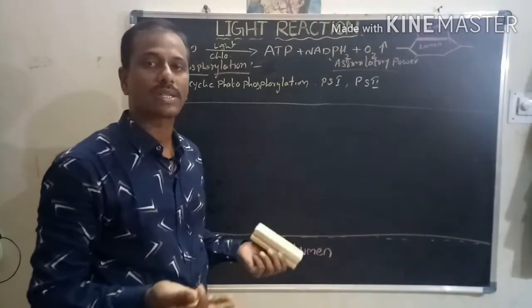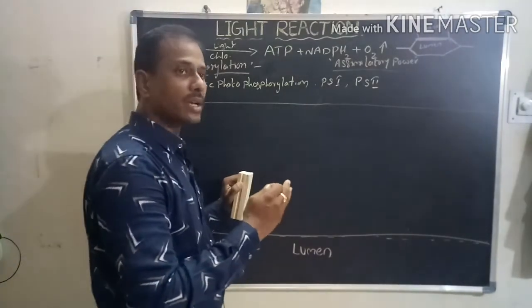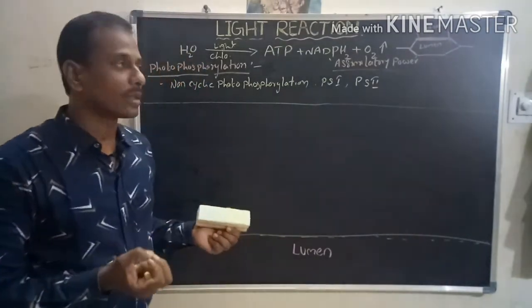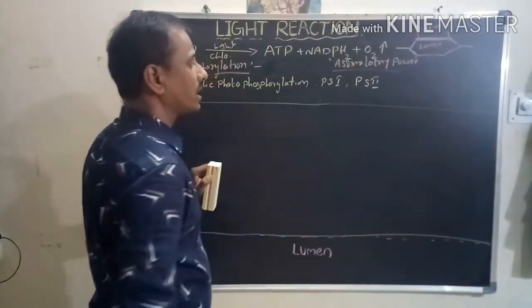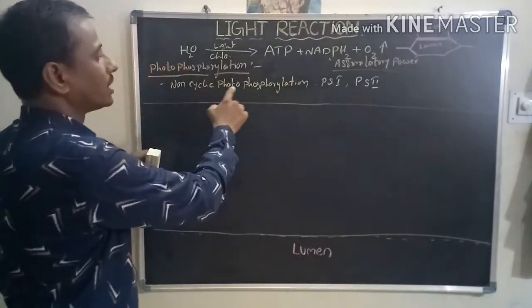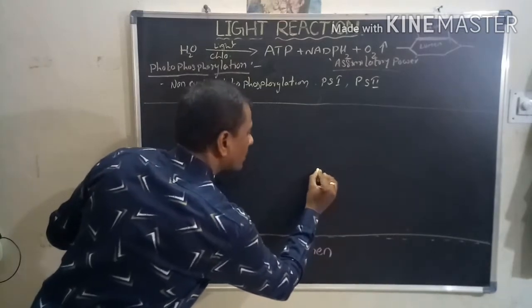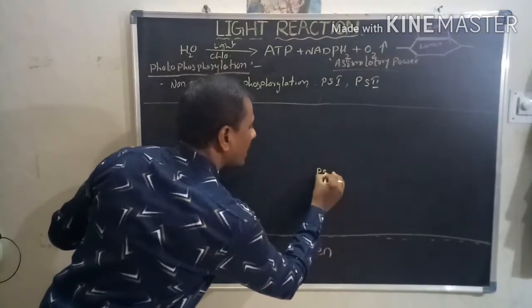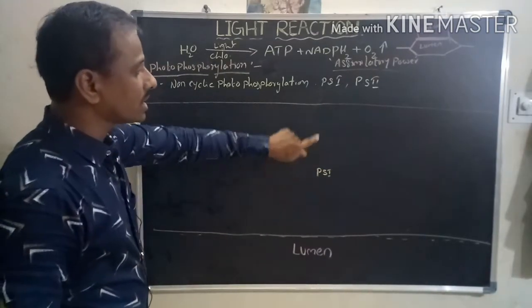PS1 has a light harvesting complex, PS2 has a light harvesting complex. The difference is that they receive light energy on the basis of wavelength. First we discuss PS1 because both systems participate in non-cyclic photophosphorylation.